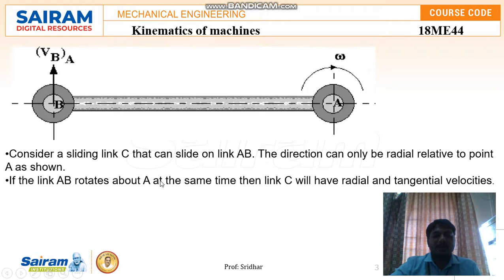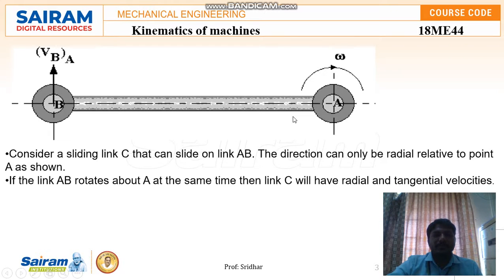If the link AB rotates about this point A, at the same time the link C will have a radial and a tangential velocity. Here the link C is not there. If we connect the link C, or one more link, what happens?